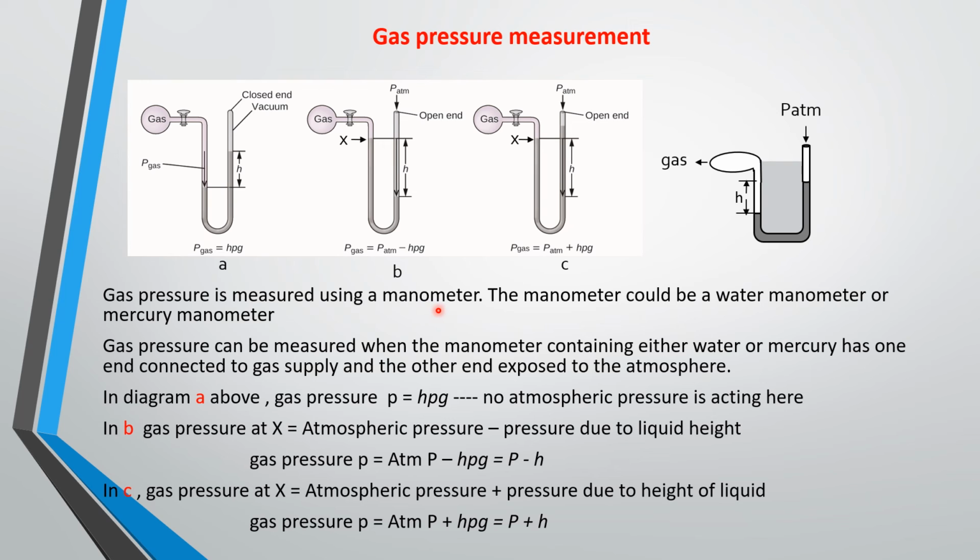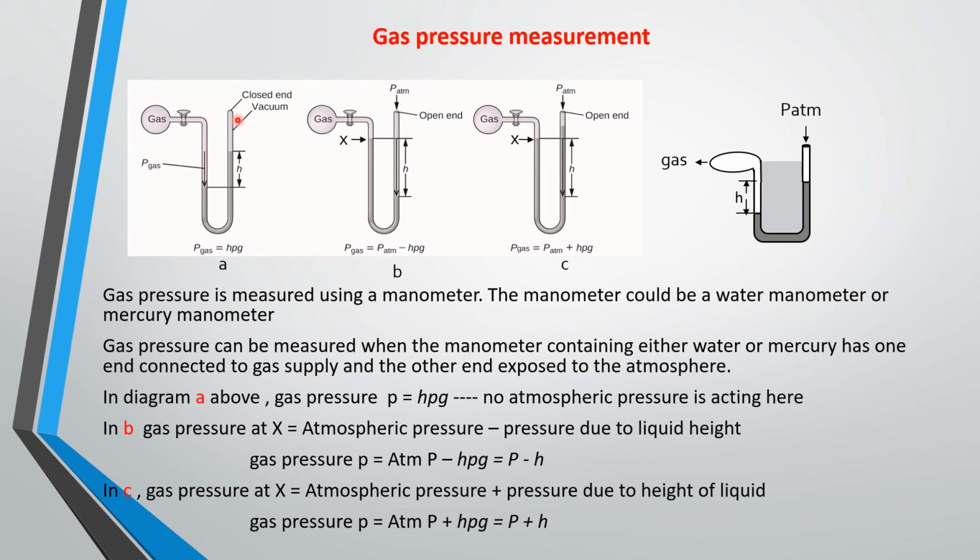Mostly it is a manometer that is used, and if you visited your lab or from your test, you see that the manometer actually has this shape, and the way it is connected is that you have a gas that is connected to one arm, then the other arm is open to the atmosphere.